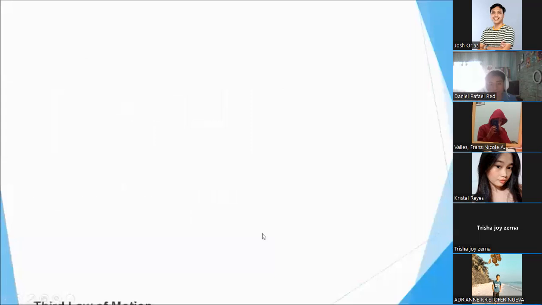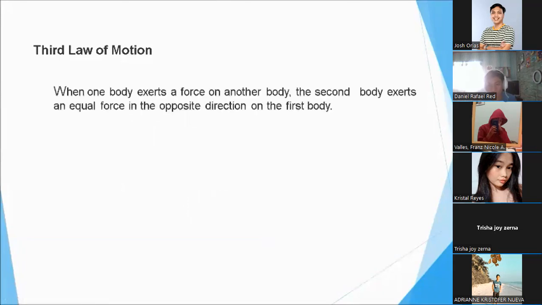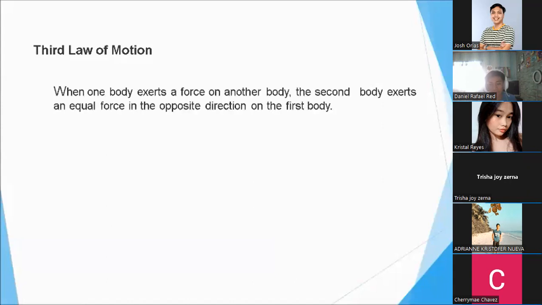Let's continue. Moving on, let's take a look at third law of motion, or Newton's third law of motion. It states that when one body exerts a force on another body, the second body exerts an equal force in the opposite direction on the first body. What does that mean?